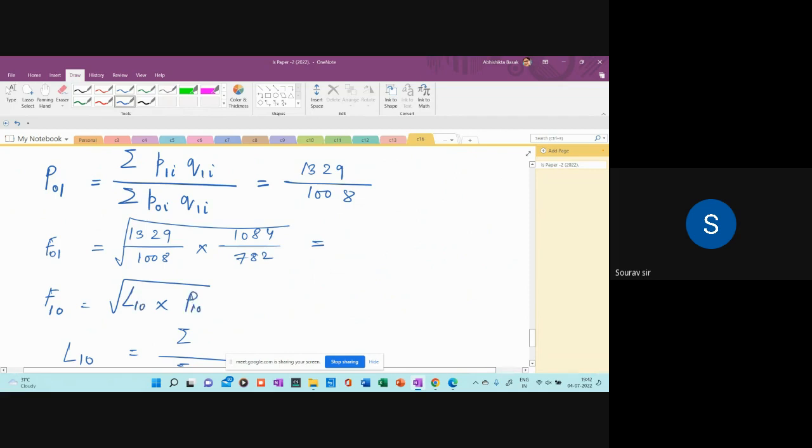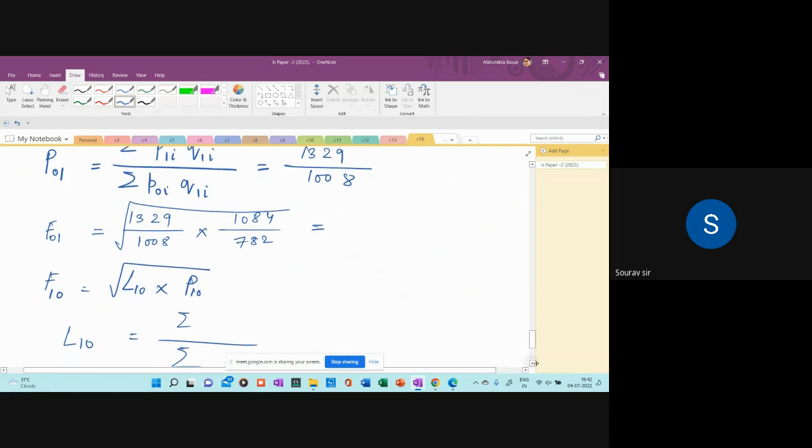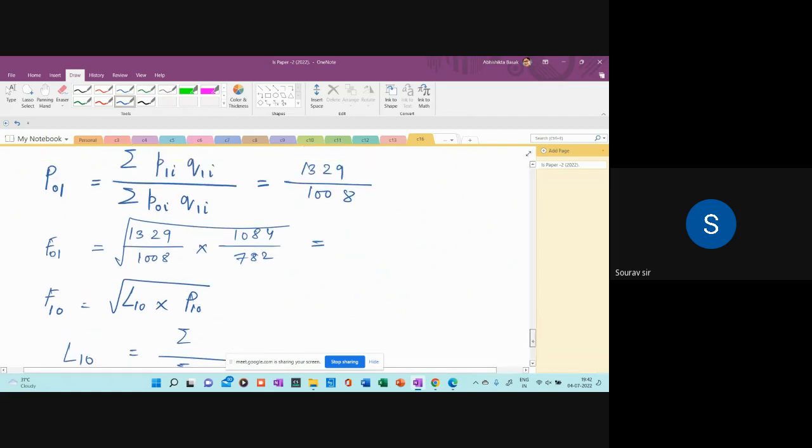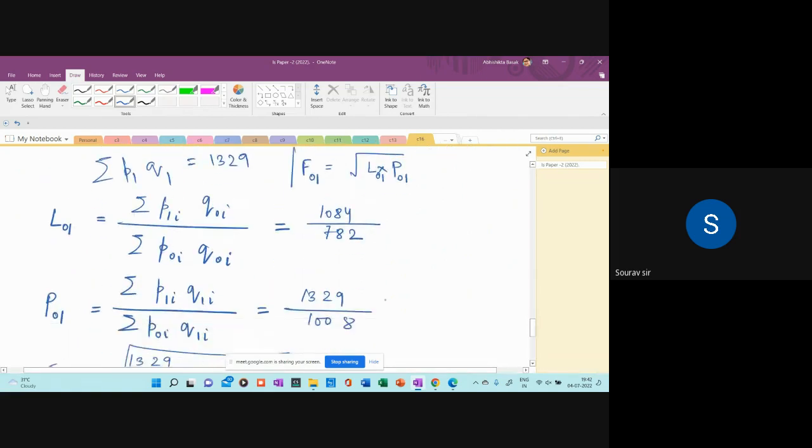Okay, so this is the basic formula. Let's check out the formula of L naught 1. In L naught 1, if you can see, the weight was taken of the base year, since naught defined the base year. And since we are always obtaining the price index, the ratio of the price was taken, P1 by P naught.